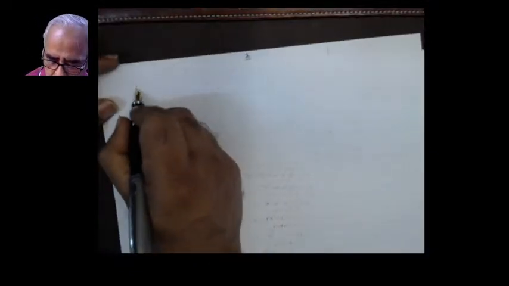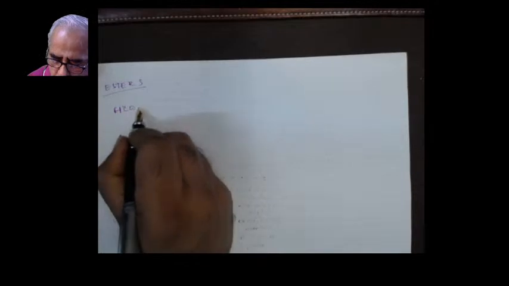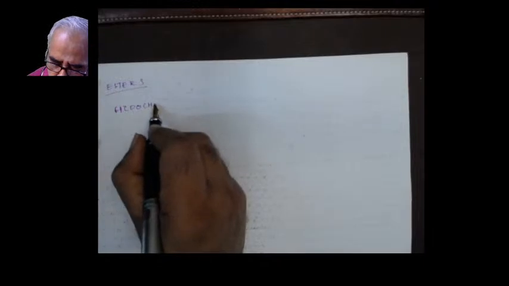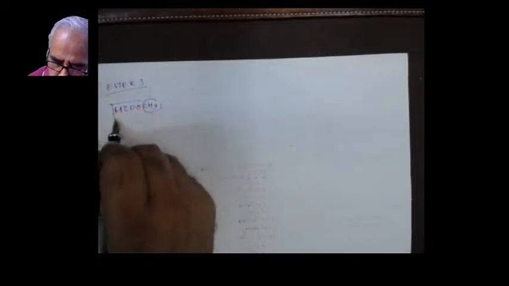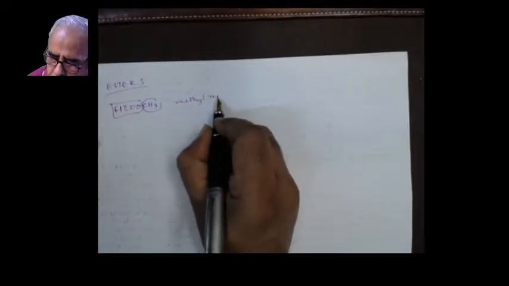And just now we discussed the various types of esters also. Let me summarize these esters. We can have the first group as HCOOCH3, so methyl methanoate.